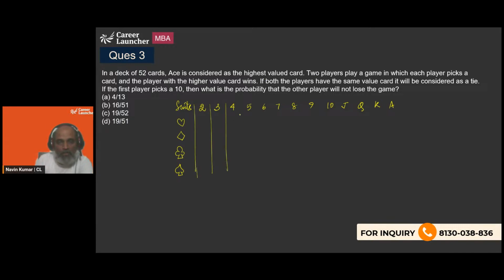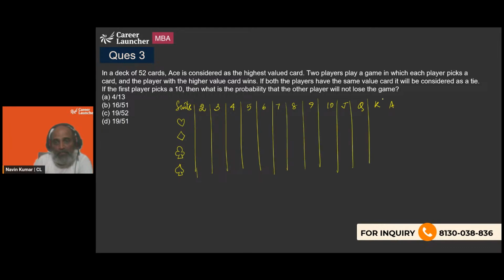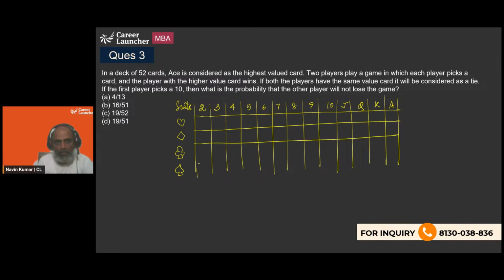So if you count, there are going to be 13 cards of each suit. Since there are 4 suits, we will have 13 into 4. That's going to be 52. That's the reason why we have 52 cards overall. So this is hearts, this is diamonds, this is clubs, and this is spades.